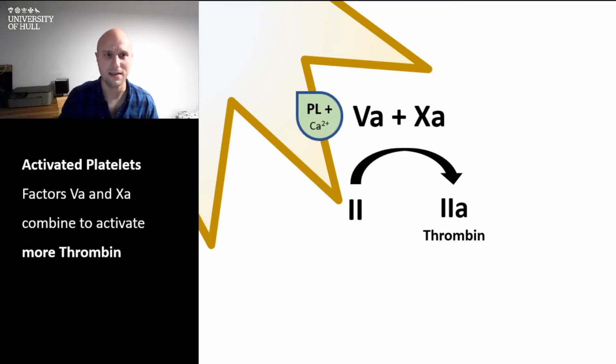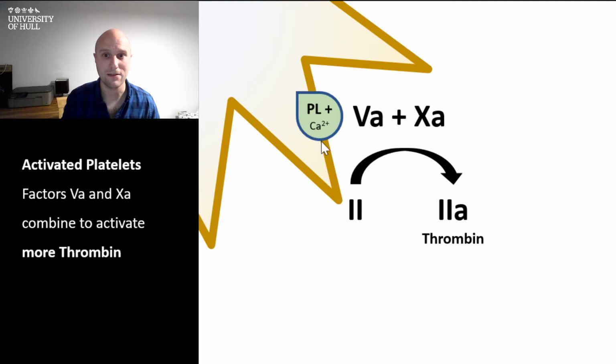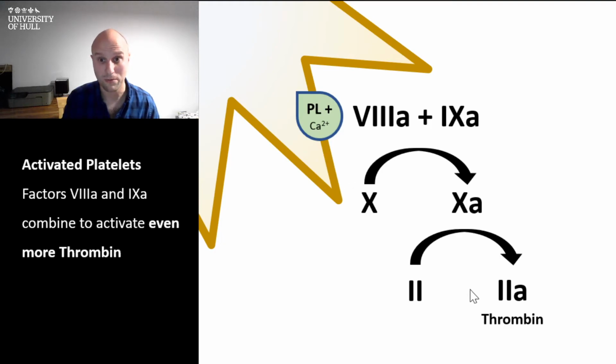So we've said that thrombin activates platelets, and as a consequence of that, more thrombin is produced. And if we look at a different group of enzymes that interact with the phospholipids on an activated platelet, more thrombin is produced.